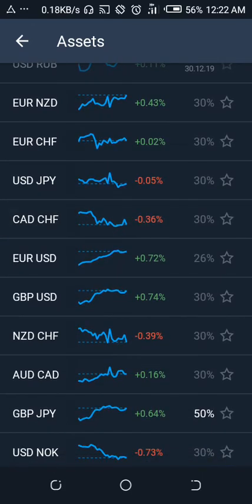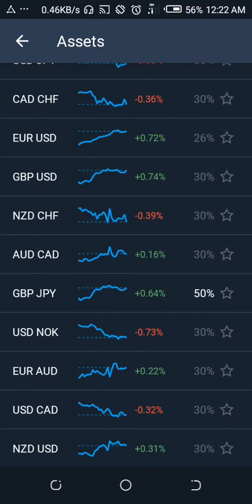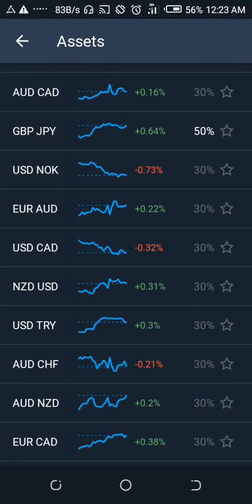As you can see, Euro Swiss franc is a 0.02 margin. Make sure that you go for the higher profit margin asset with good returns. Don't forget, this is 12:23 a.m., as you can see displayed here.